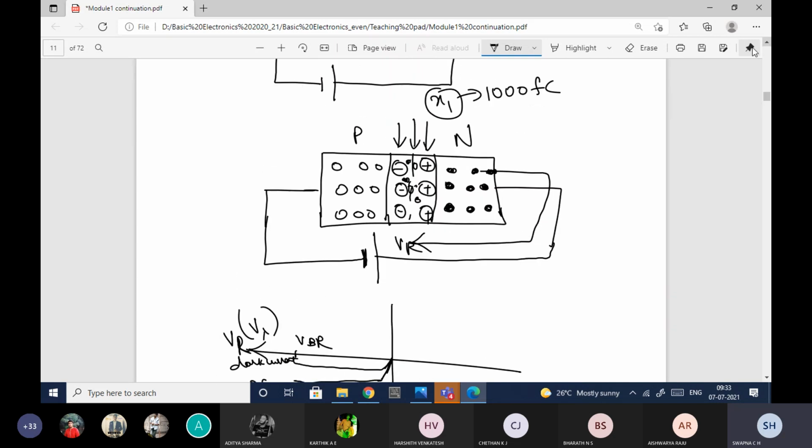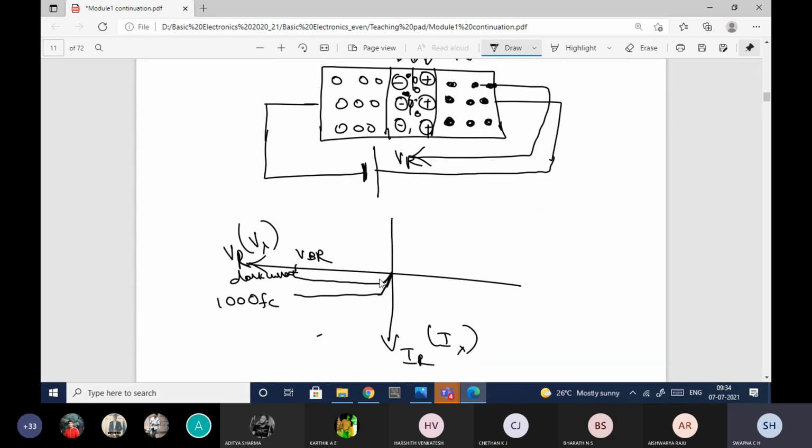Now initially 1000 foot candela. Now what I'll do, I'll increase the intensity of this light to some 2000, something which is greater than this. So now when more amount of light is falling on this depletion region, more number of electron hole pairs will be generated. Because of that, the current will be more again. More the intensity, more the current.